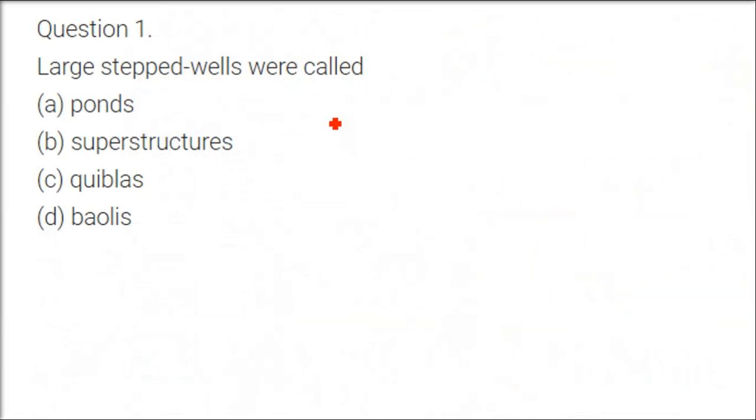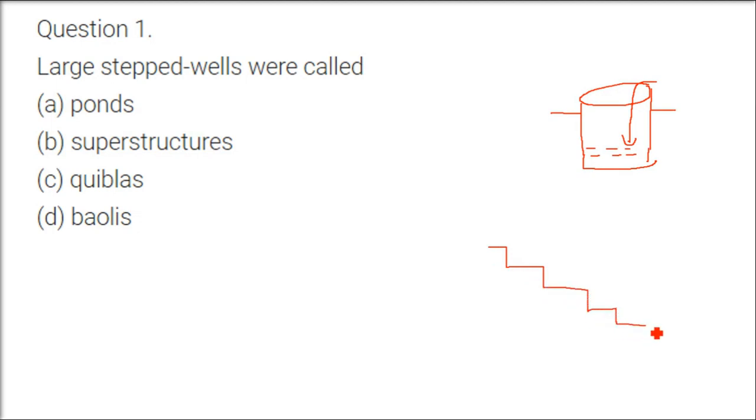Large stepped wells were called baulis. If you talk about a normal well, what does it mean? It means there is a part or a pit surrounded by some round wall, and inside that we have water, and we can take out water with some bucket, etc. But these large step wells will have certain steps like this, and below we have water here.